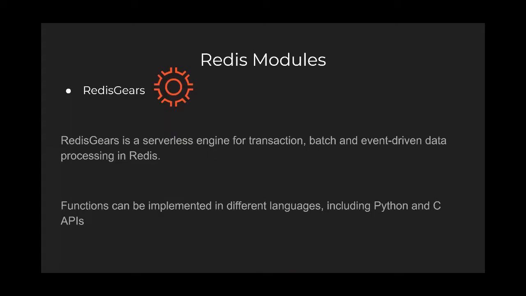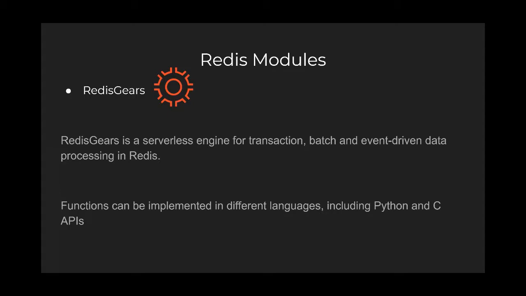Now let's talk about Redis Gears. Redis Gears is a serverless engine for transaction, batch, and event-driven data processing in Redis. It is a dynamic framework for the execution of functions that in return implement data flows in Redis while entirely abstracting the data's distribution and choice of deployment.